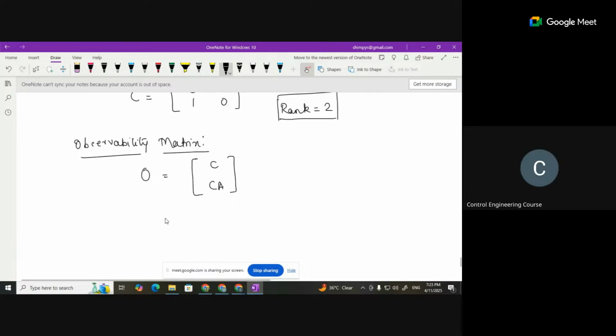What is C? C is 1, 0. So find out CA. That is 1, 0 and this is -3, 1, -2, 0. How much does it come out to be?